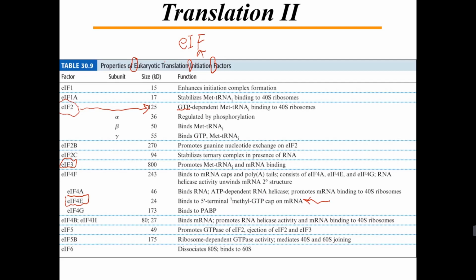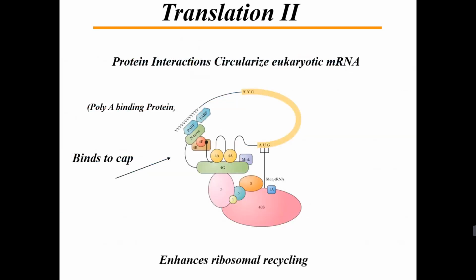And that 5' cap, so that modification that occurs to the transcript in the nucleus, provides an easily recognizable starting point. In addition, the complexity of eukaryotic translation initiation just provides another mechanism for regulation of gene expression in eukaryotes.